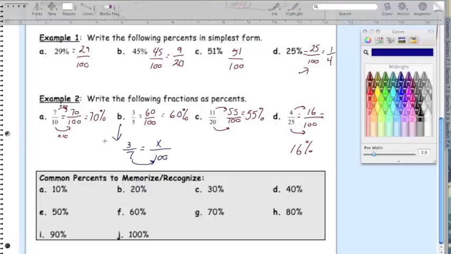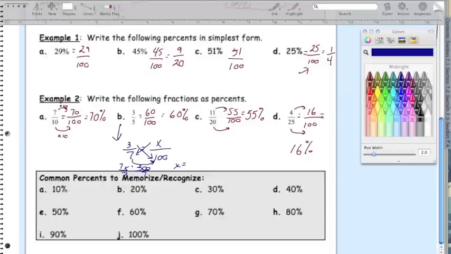You could cross multiply or use the reciprocal. Either of those methods would work. We could cross multiply here: 7 times x is 7x, 3 times 100 is 300, divide by 7, and then you would find whatever value x is. You're most likely going to have to round a little bit because it's not an even value, but that's okay. It'll get you the percentage rounded to 2 decimal places.